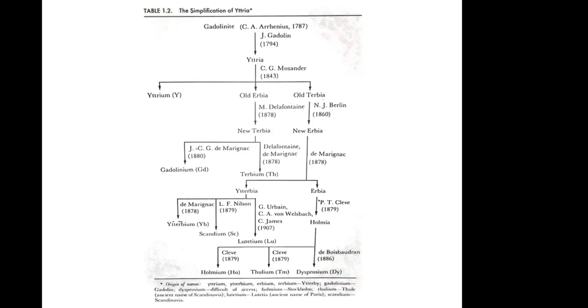Oxides are sometimes referred to as earths, because they come from the earth, of course. Gadolin published his analysis of this new mineral in 1794, and it was ultimately named yttria and led to the realization of this new element, yttrium.